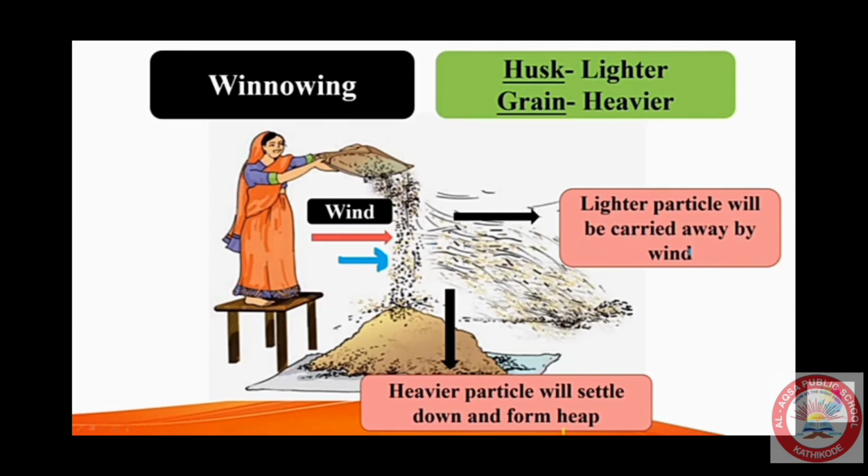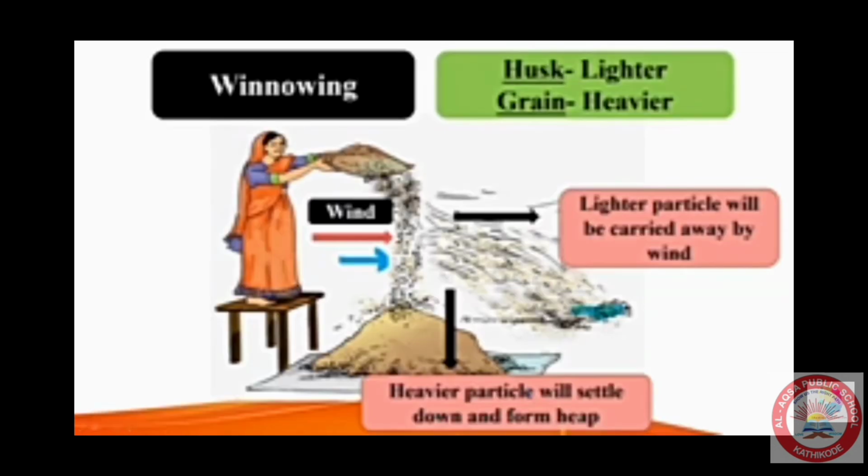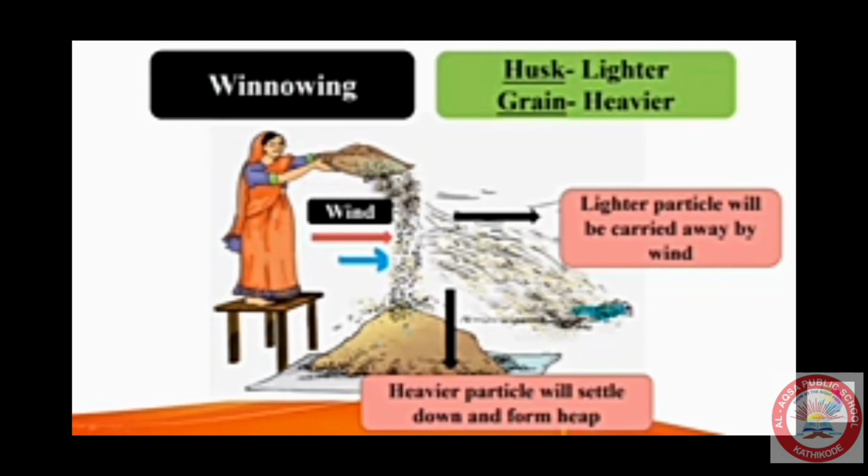That means by the help of wind, the lighter particle will be carried away and the heavier particle will settle down and form a heap. We know that the lighter particle is husk, so husk will be carried away by wind, and the heavier particle is grain. So we will get the heap of grain near our platform.